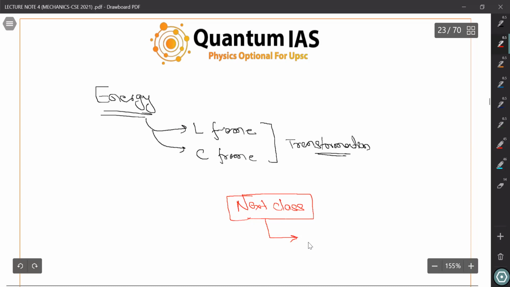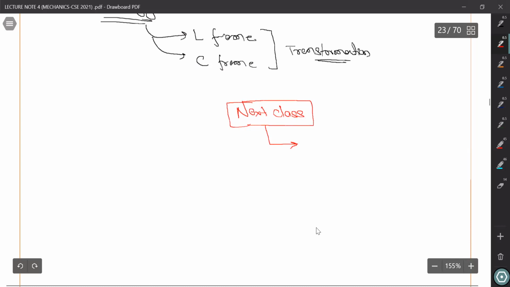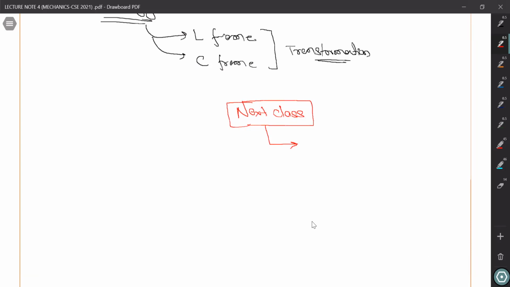I also repeat that this class is only the base for the next class, so that you will be able to understand it. You have to see only three things. First is the variable mass system, how it works, especially the rocket motion. Second, what we mean by types of collision, elastic, inelastic, what their significance is, and how we choose the nuclear reactor.